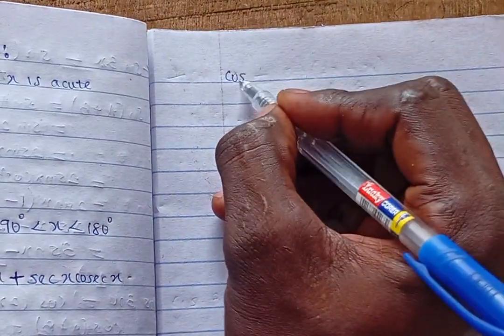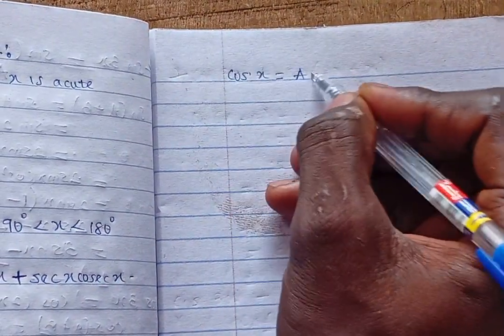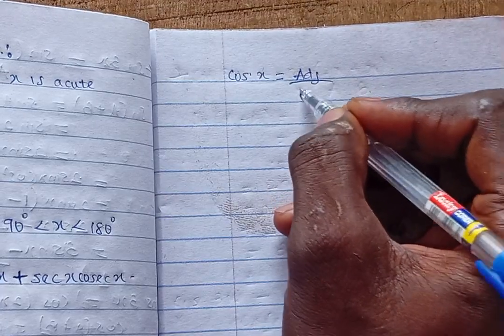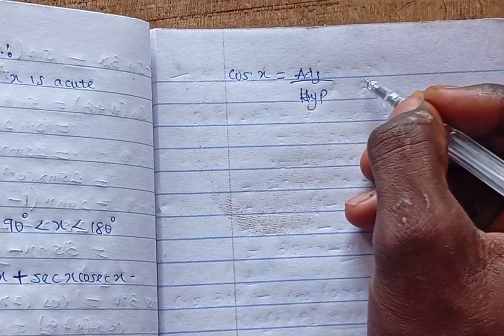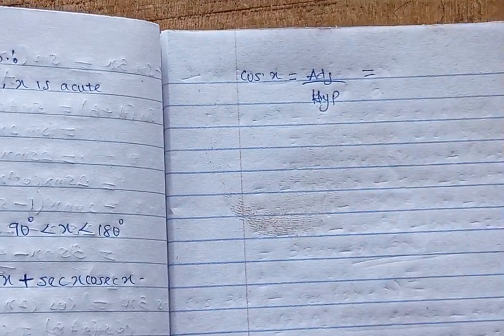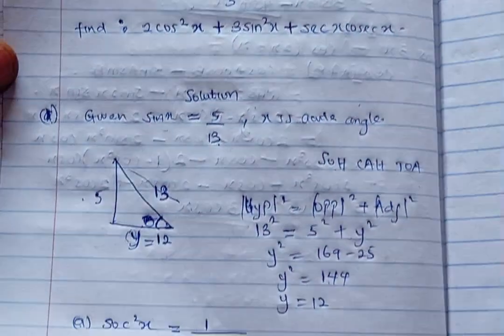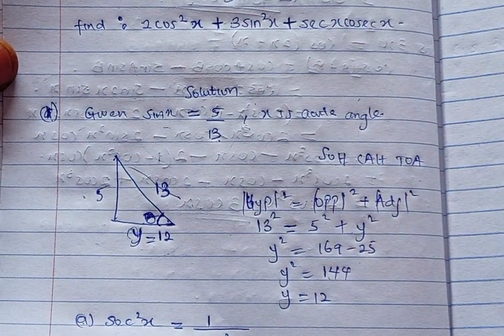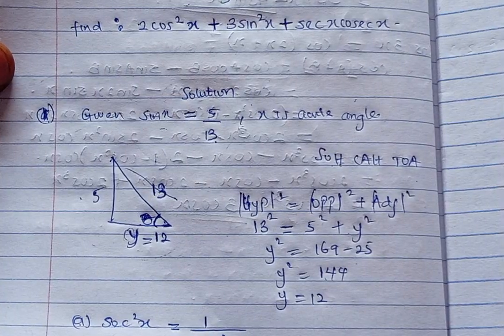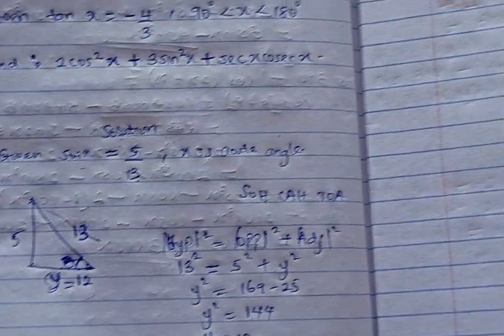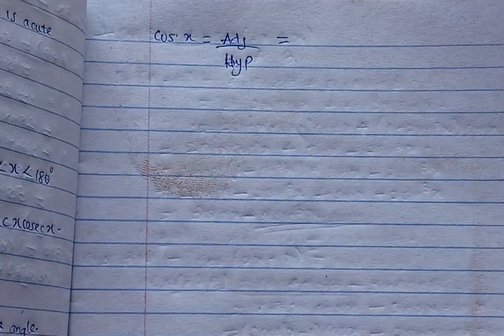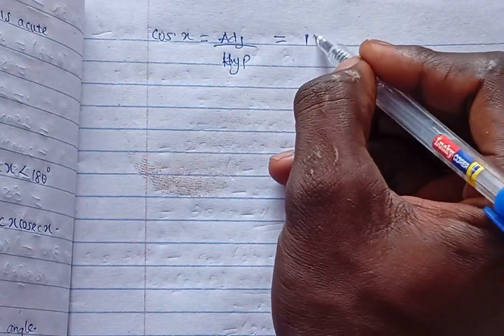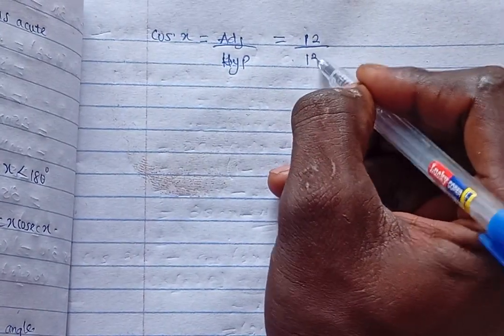Your cos is equal to adjacent over hypotenuse. Our adjacent is 12 and our hypotenuse is 13. So our cos will be 12 over 13.